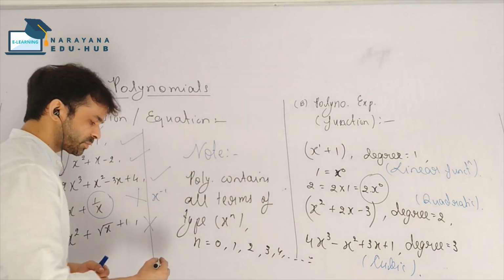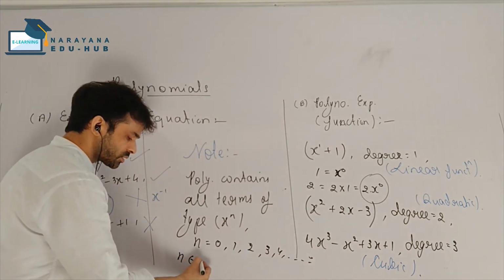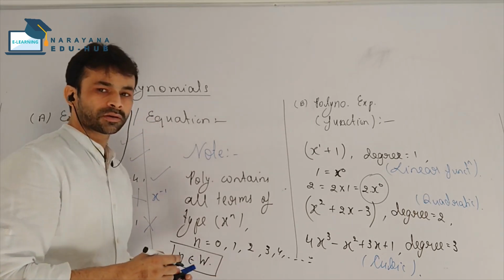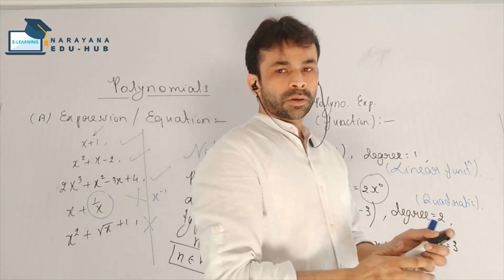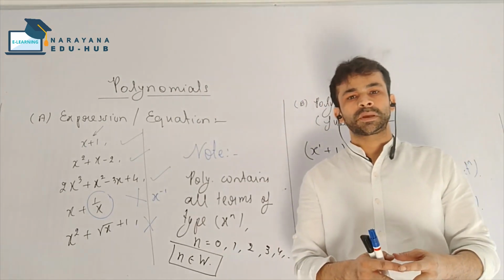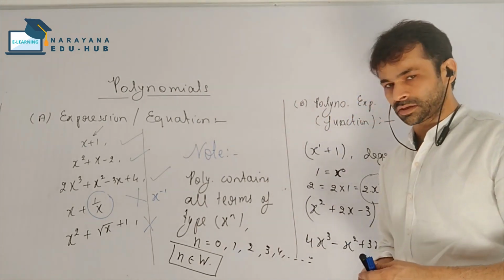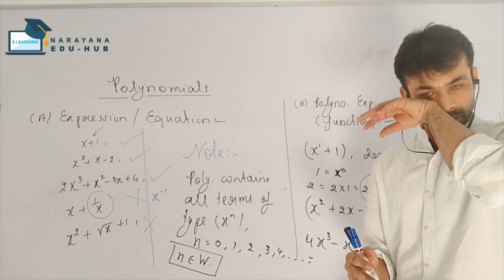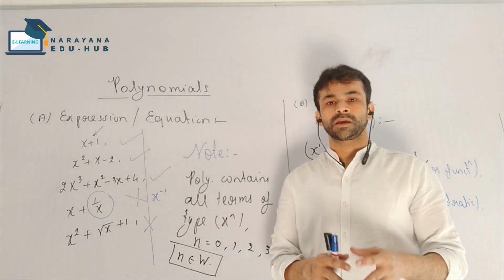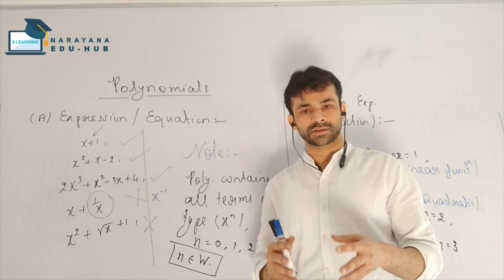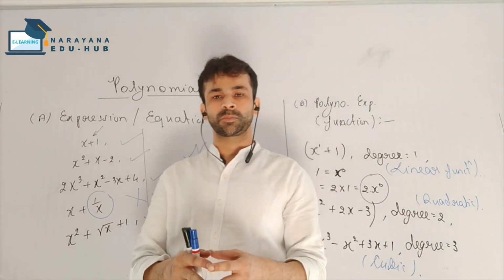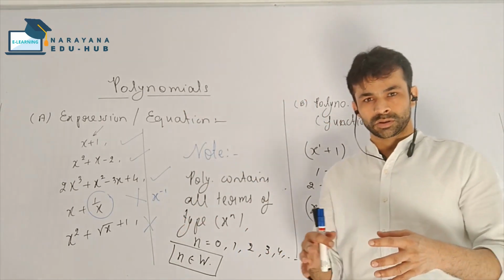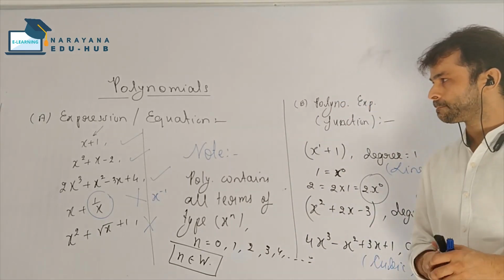Or you can simply say n belongs to the whole numbers. The power of x cannot be negative, cannot be fractional. If the power of x is fractional, that is not a polynomial, that is simply an expression. If the power of x is negative, then again that is not a polynomial, that is simply an expression. So write down everything.